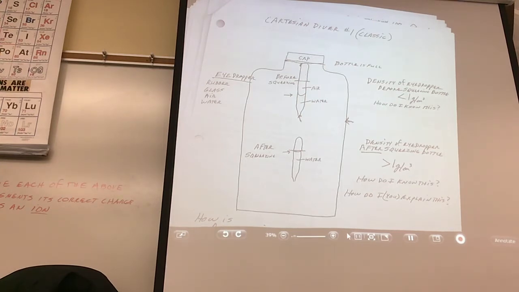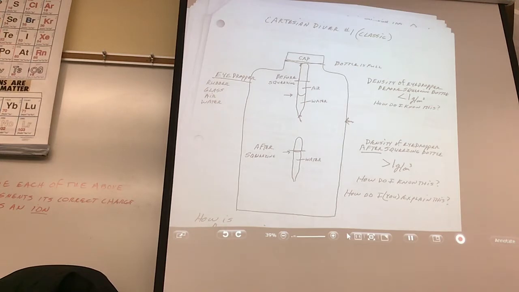The next thing is, watch this little piece of air right here. As I squeeze it, only one of these pieces is actually compressible: air. I take this much air, and my pressure makes it into a smaller bubble. But that leaves a vacuum. Nature abhors a vacuum. And so what happens?